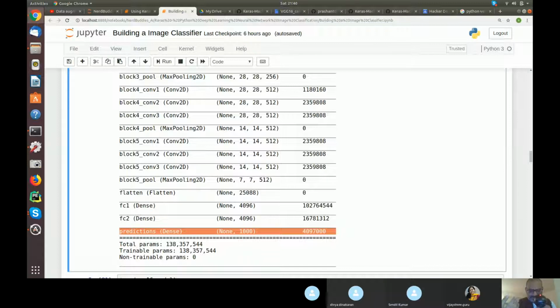One strategy is freeze everything and just change the last layer weights. The other strategy is to freeze some of the initial layers and allow changing some of the end layers. And another strategy could be to just allow changing everything. So whatever strategy works for you is what strategy you would want to take.